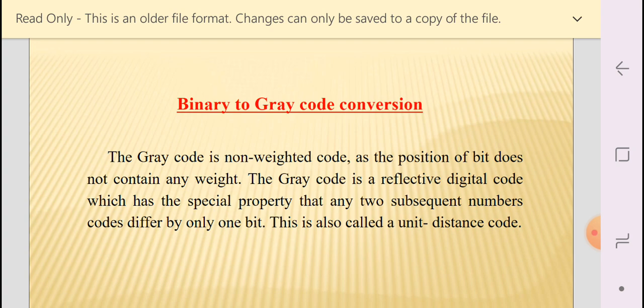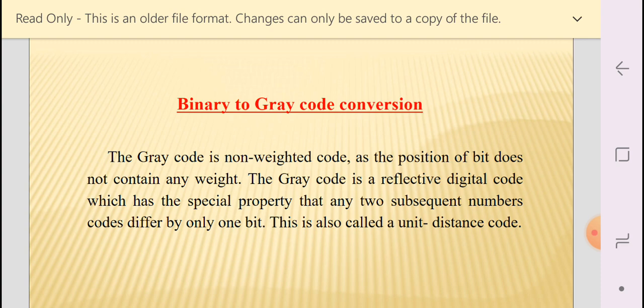The gray code is a reflective digital code which has a special property that any two subsequent number codes differ by only 1 bit. So two consecutive numbers will differ by only 1 bit. That's why it is also known as unit distance code.